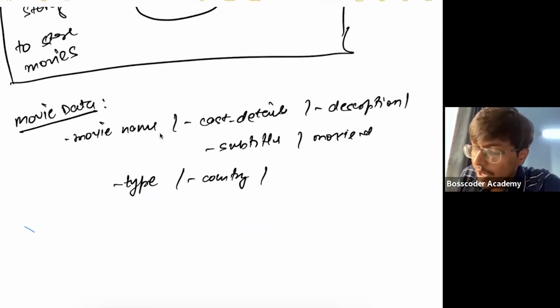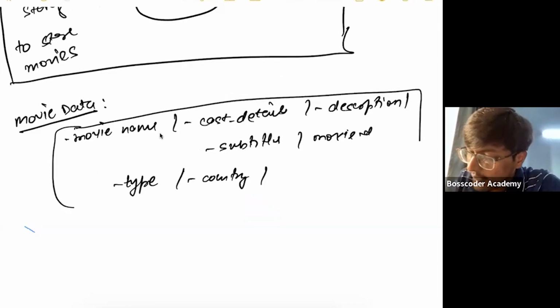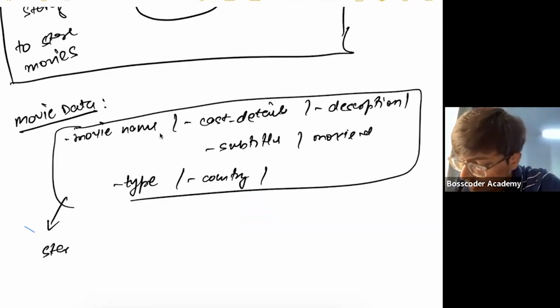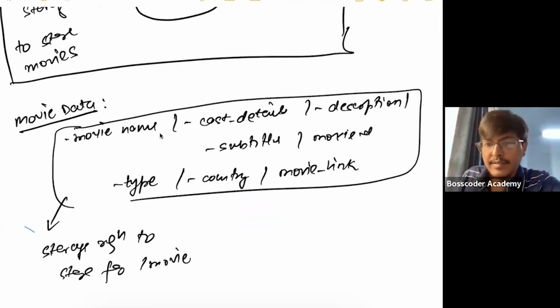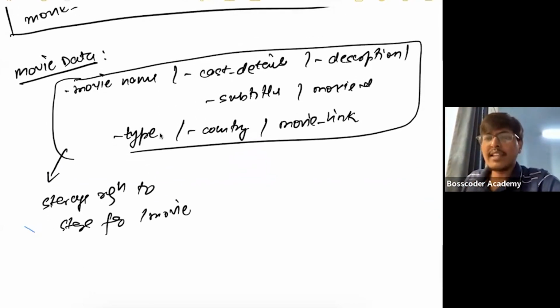How much storage will be required to store these details for one movie? There would definitely be a movie link. 1 MB, I think, is too much. It's just data, nothing else.